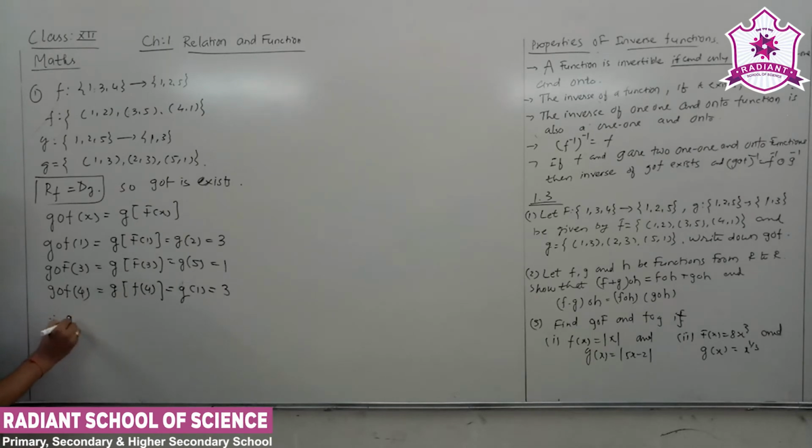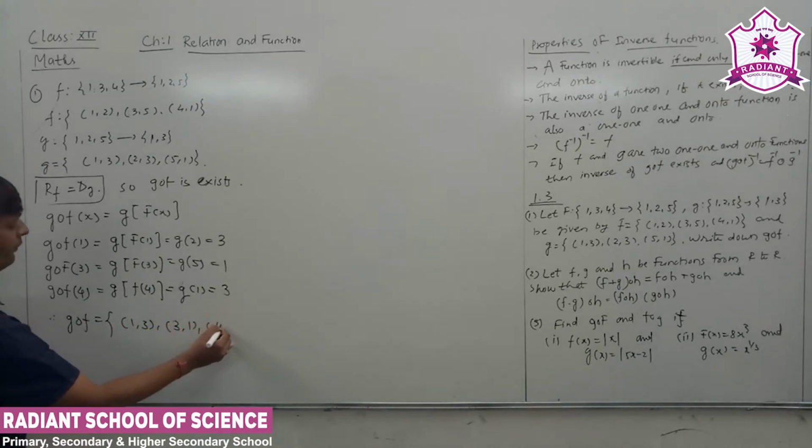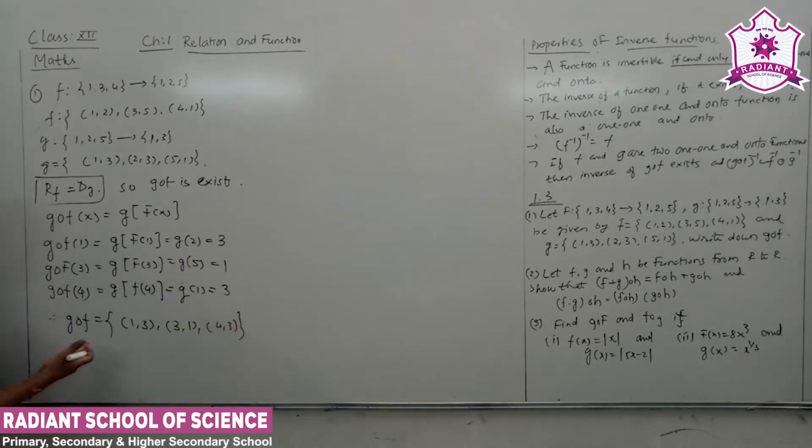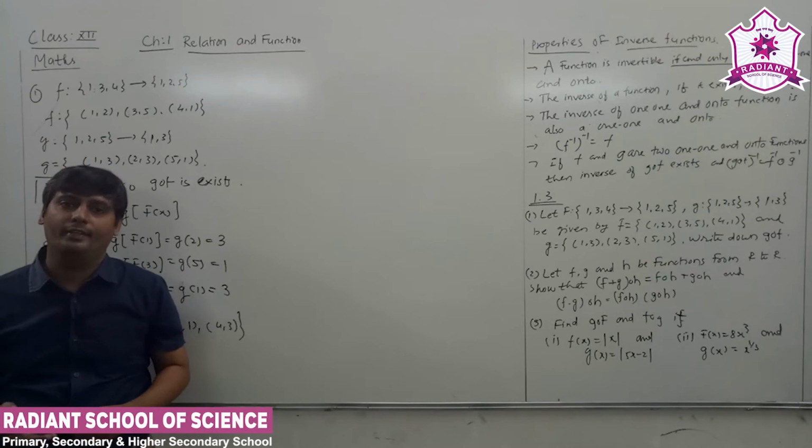So simple, so therefore g of f is equal to pair 1, 3, 4 and 3, right? So clear? So g of f is already defined, understand?